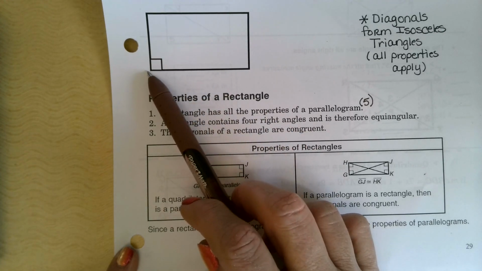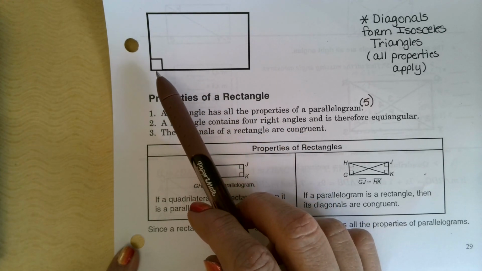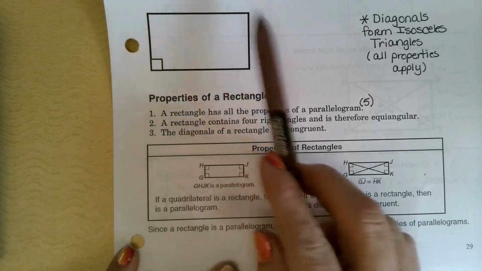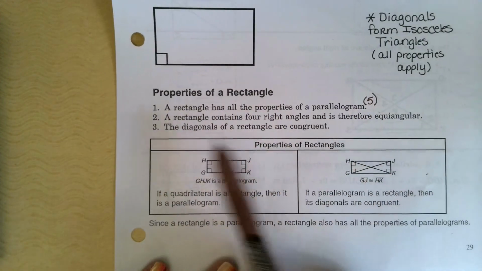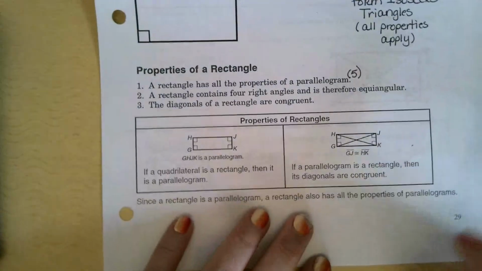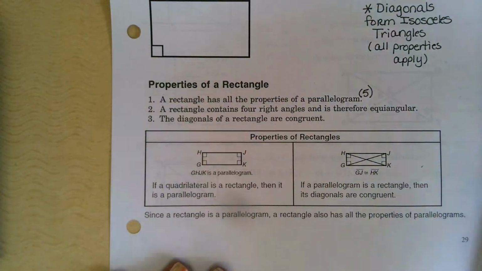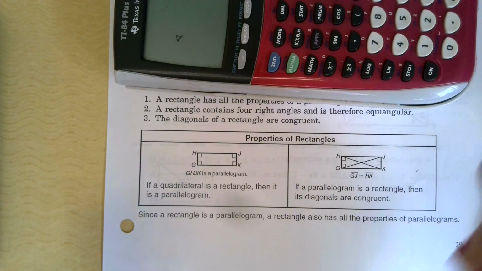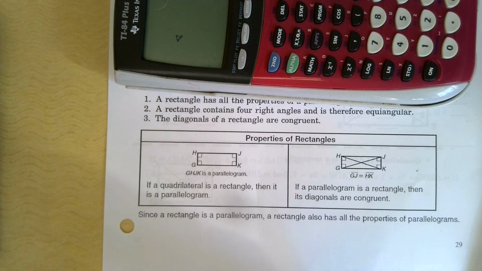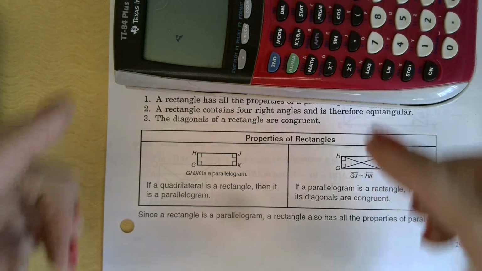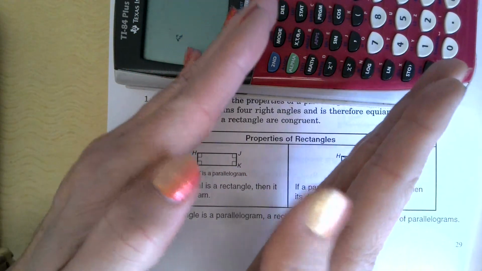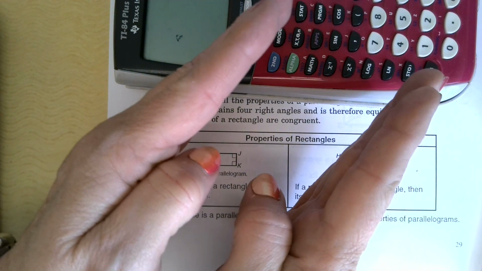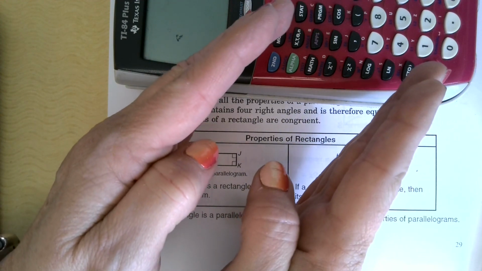Okay, so we know about the 4 angles. It's kind of the definition of a rectangle. 4 right angles, or we could say 1. The diagonals of a rectangle are congruent. So this is what I was going to show you. When you have a shape like a parallelogram that is leaning like this, the diagonals are not congruent.